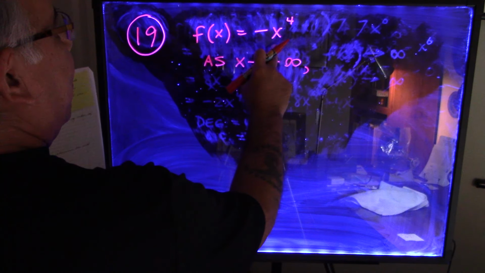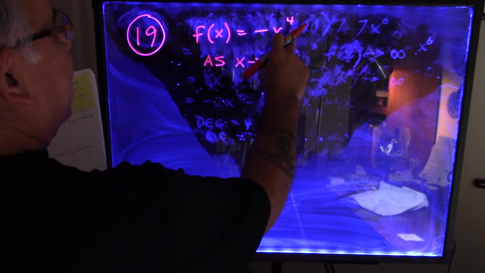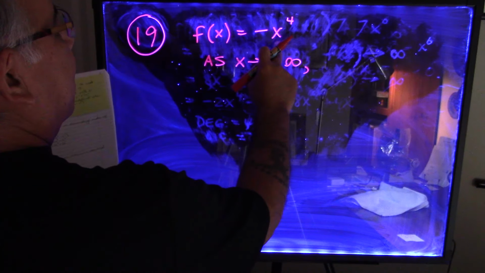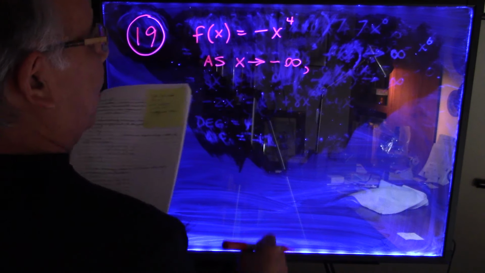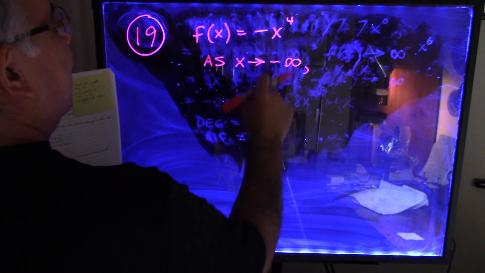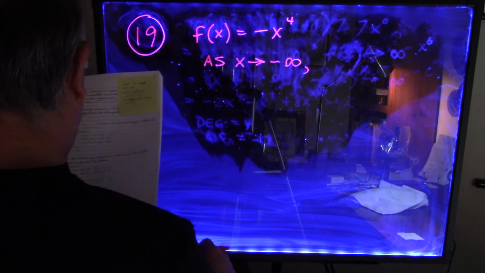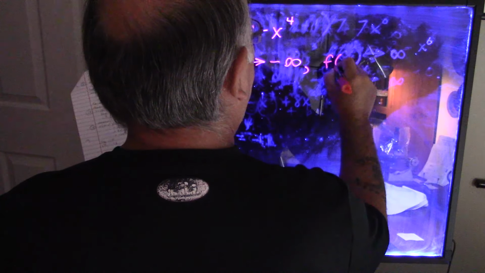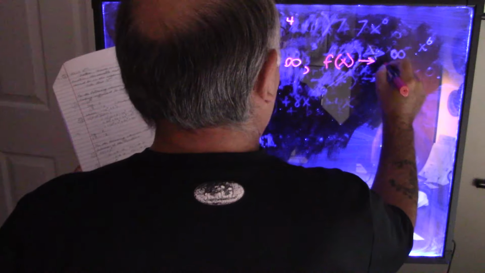According to order of operations, you raise it to the power first, and then you multiply by the negative 1. All right, so when you raise that to an even power, that negative number becomes positive. However, then you're going to have negative 1 times that positive number, which means it's going to be negative. So that means f of x, the end result, of course, is negative. So f of x is going to negative infinity.